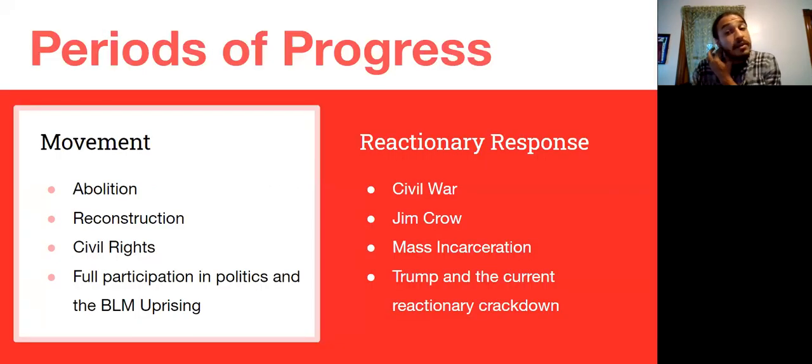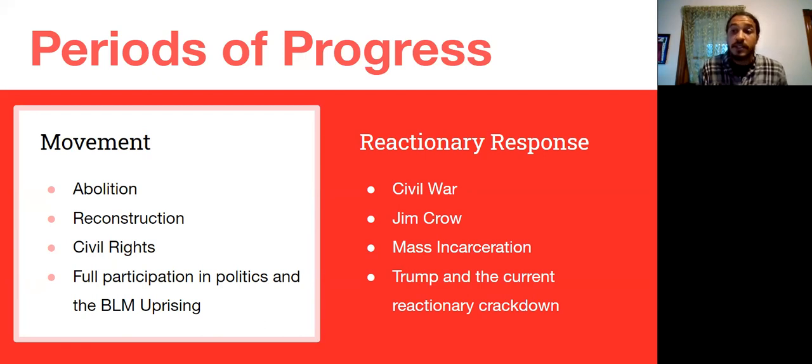So in America, we actually have had sort of periods of progress internally, but then you get to see just how far we'll go with our own repression internally. So you had abolition, and the reactionary response to that was the Civil War. You had Reconstruction, and the response was Jim Crow.